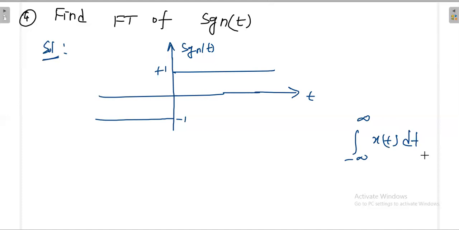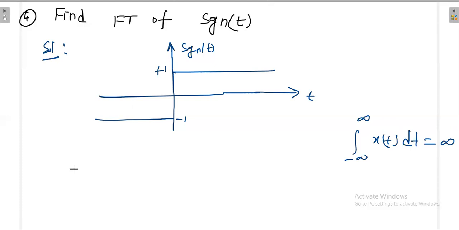We cannot say this is less than infinity, because the area under this signal is infinite. It may look like this is positive area and this is negative area, so they are both cancelling.